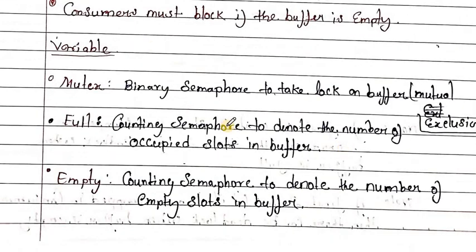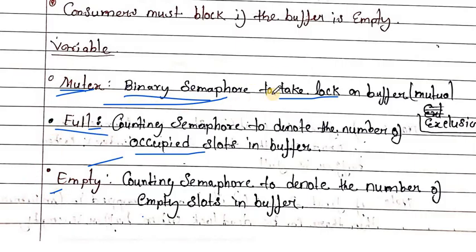So here there are three variables called mutex, full and empty. Mutex is a binary semaphore which indicates whether the bounded buffer is locked or not.